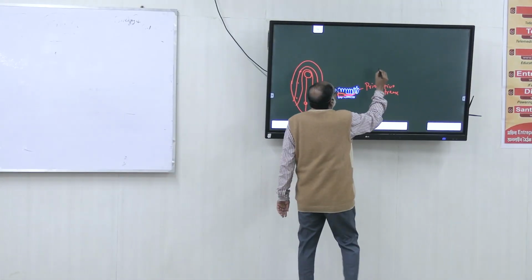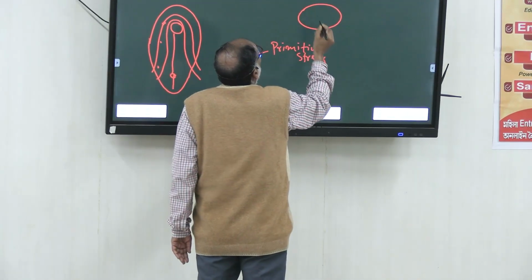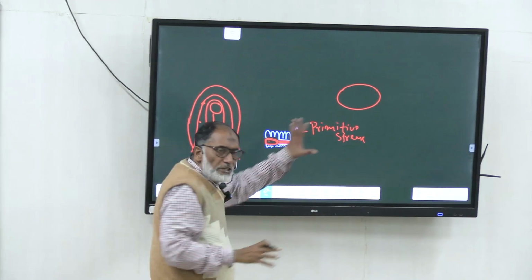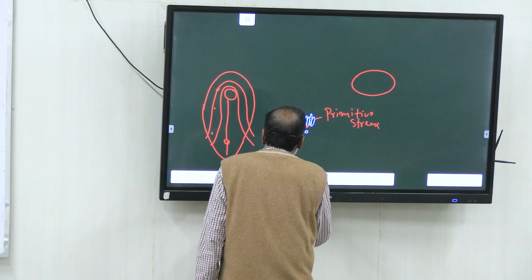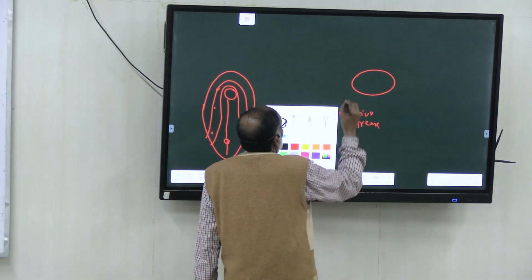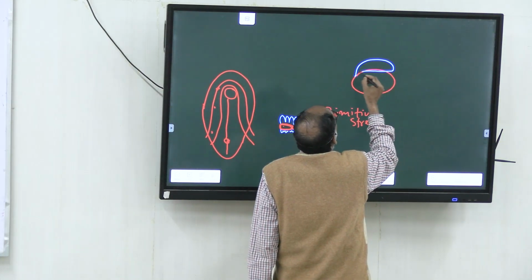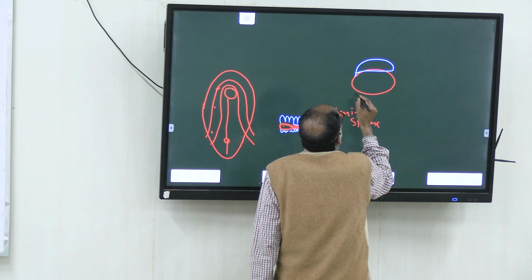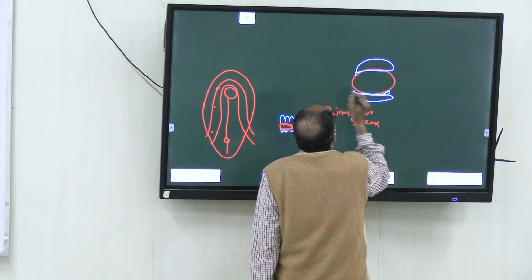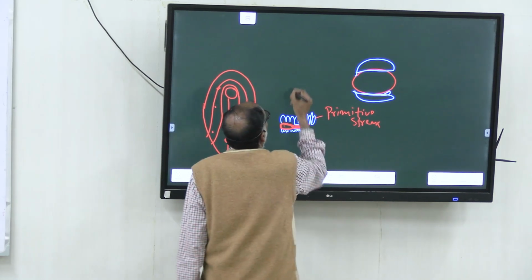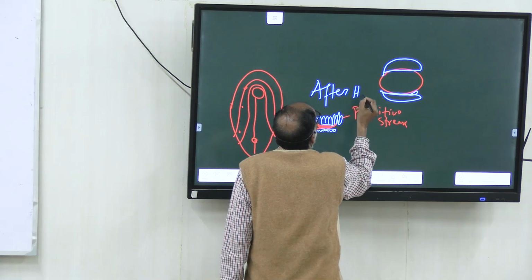Suppose this is the pericardial sac. Now I am drawing it after head fold.